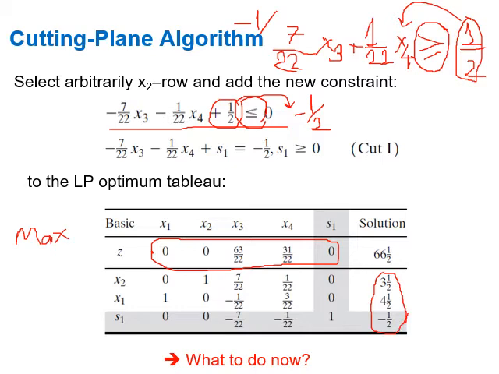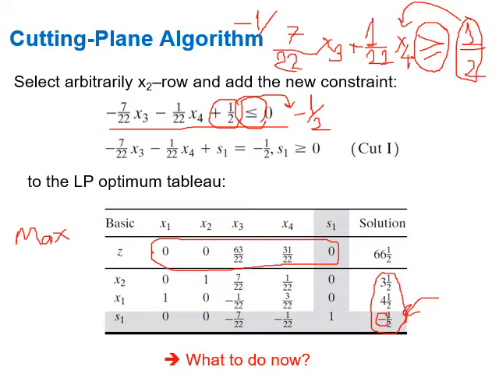A tableau is feasible if all right-hand side values are greater than or equal to 0, non-negative. But for this new constraint, we have negative, minus 1 over 2. It means that this tableau is not feasible. So if a tableau is not feasible, you cannot say that it's optimal. First of all, it should be feasible, and this tableau is not feasible.